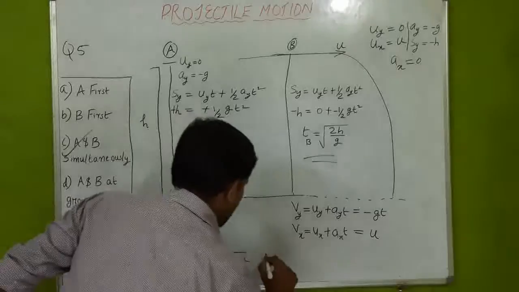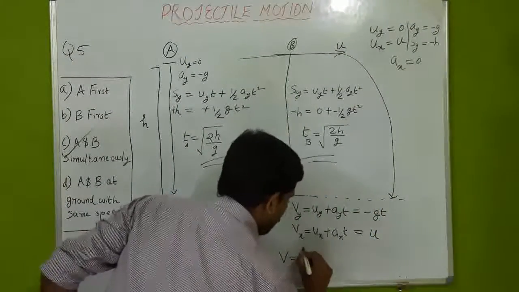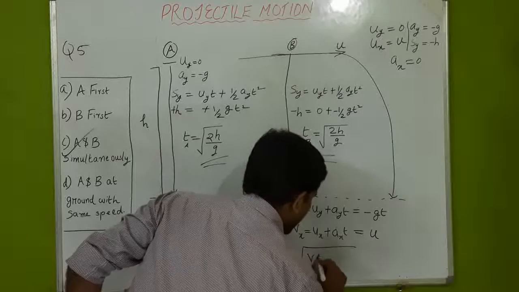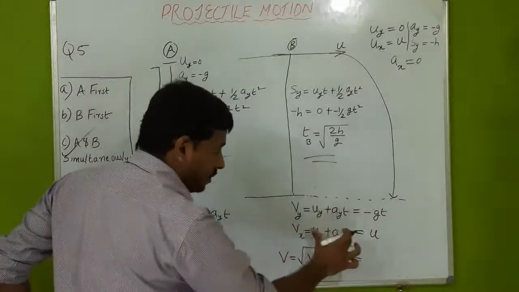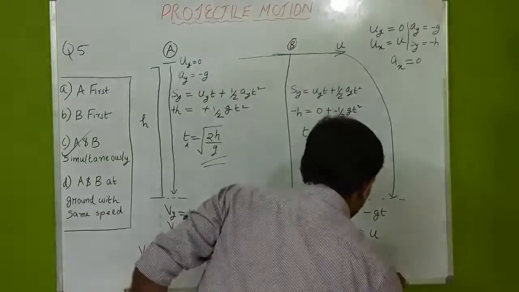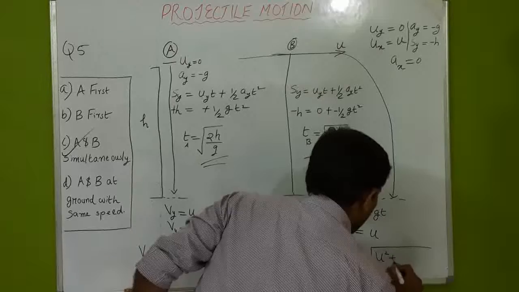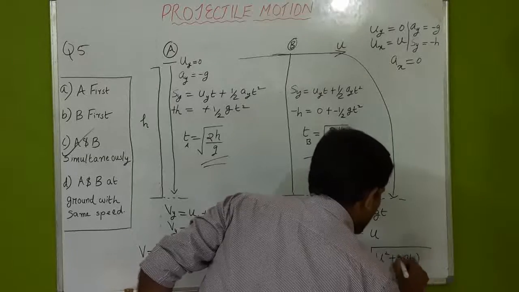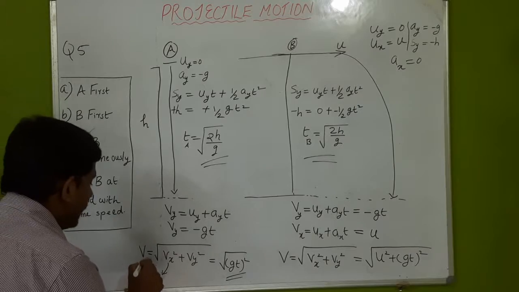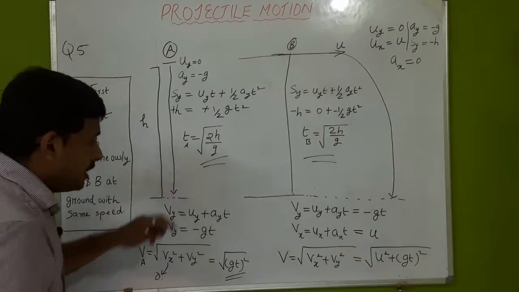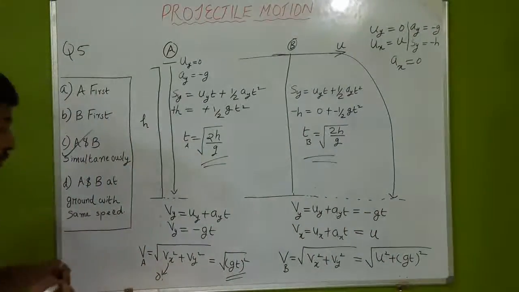Therefore the net velocity v at the bottom point is root of vx square plus vy square. Substituting the values for vx and vy, we get root of u square plus gt the whole square. So this is the velocity of particle A at the bottommost point, and this is the velocity of particle B at the bottommost point.